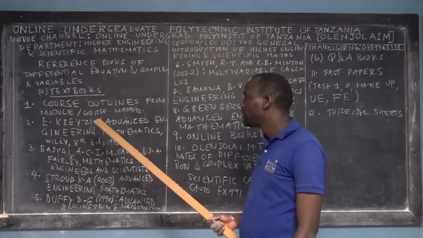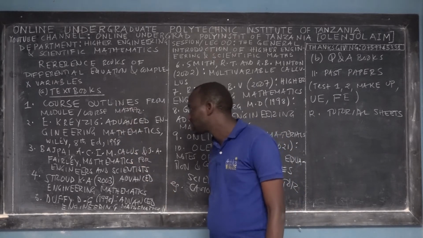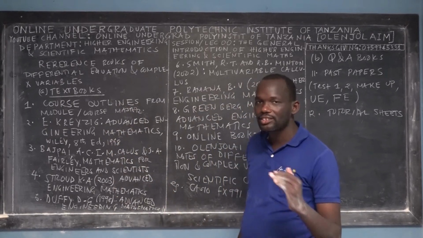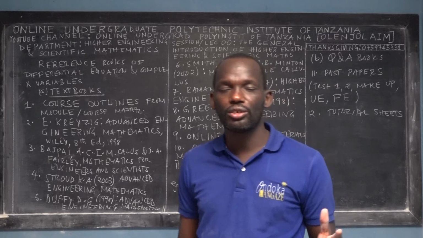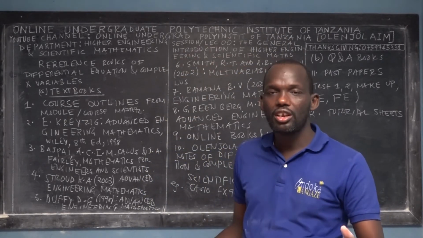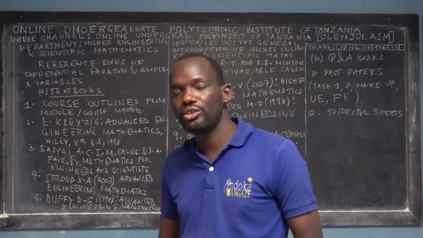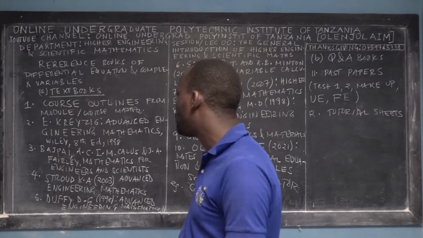The first content that you need is course outlines from the module or your course master. It means that you have to ask your physical teacher, whether an assistant lecturer or lecturer, who will come to teach you differential equations and complex variables.